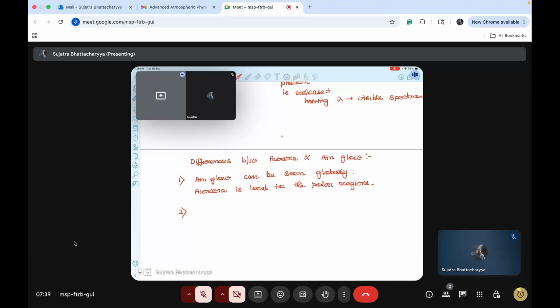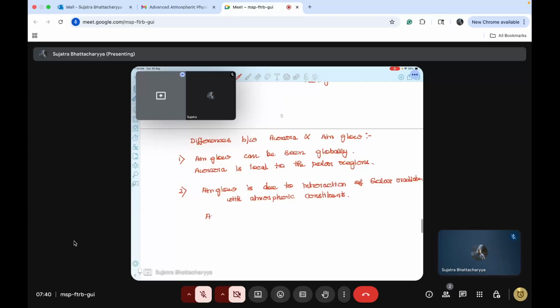Number two is that airglow is due to interaction of solar radiation with atmospheric constituents. But what is aurora?